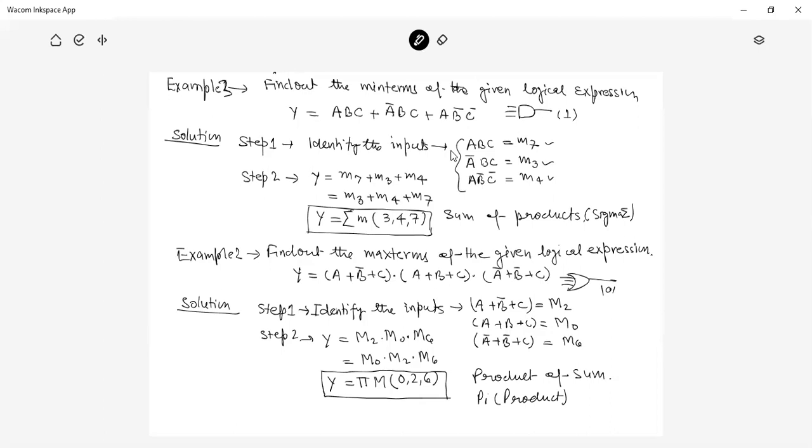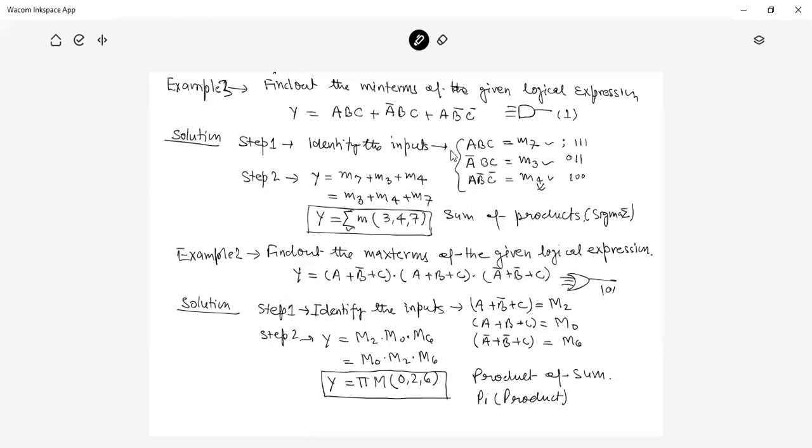Either you take from that table, or you do it by writing 1 1 1 is 7, 0 1 1 is 3, and 1 0 0 is 4. So these three terms are expressed as y is equal to m7 plus m3 plus m4, that is m3 plus m4 plus m7. So the notation is summation; the sign is summation.